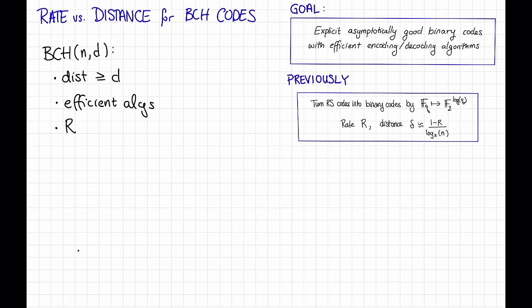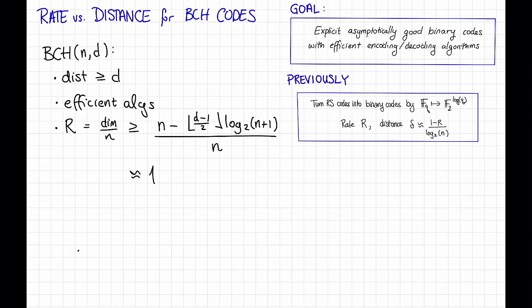So the rate, which is equal to the dimension divided by n, is at least (n minus ((d minus 1) over 2) times (log base 2 of (n plus 1))), all divided by n. And this is approximately equal to 1 minus delta, that's the relative distance d divided by n, times the log base 2 of n divided by 2.